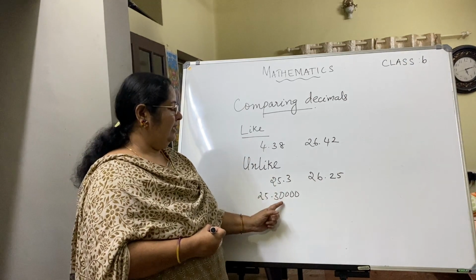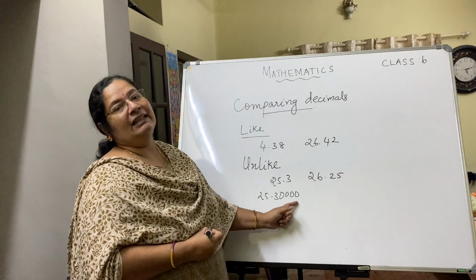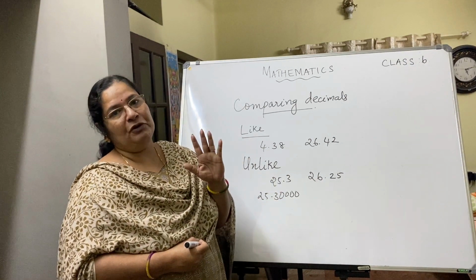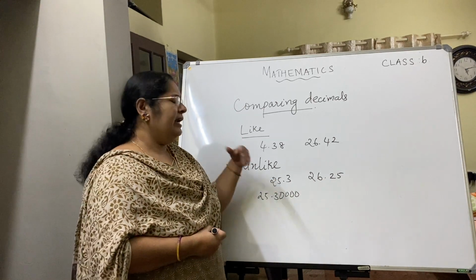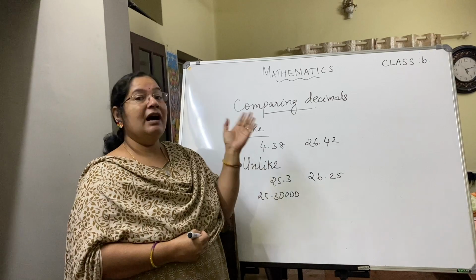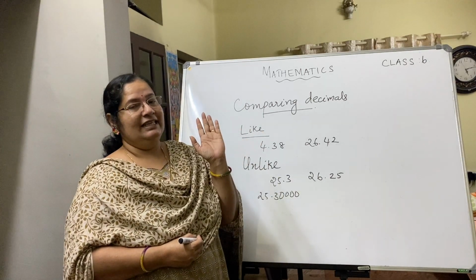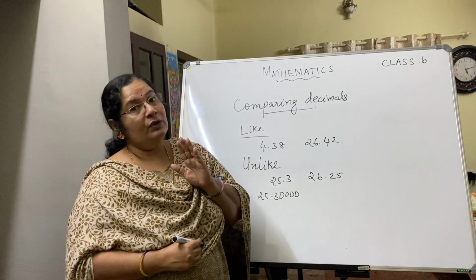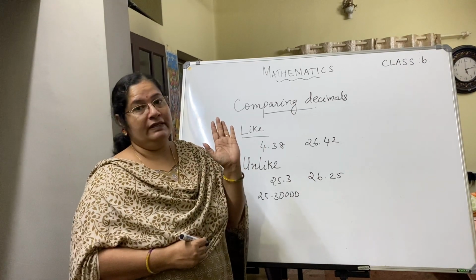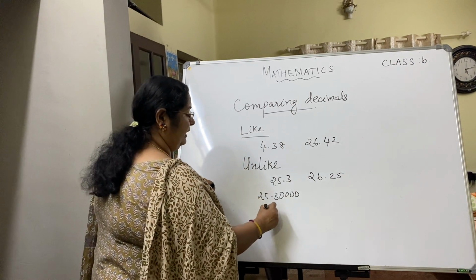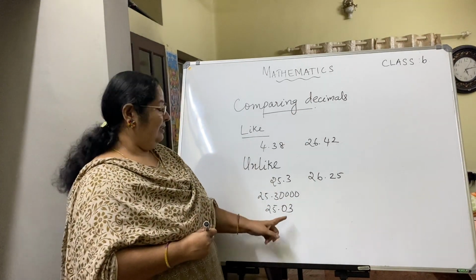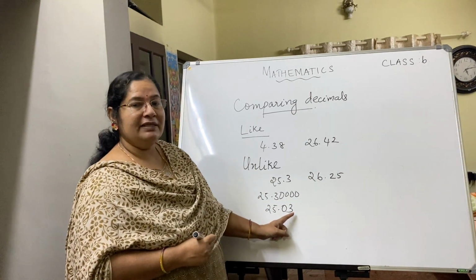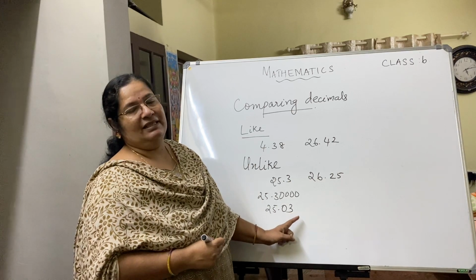No. Why? Because in the other places the digit is 0, which means there is no value there. So you can add any number of zeros after the digit, so that there is no change in the value of the decimal. Of course you cannot make it 25.03. Then what will happen? The 3 has now come in which place? The 100th place.